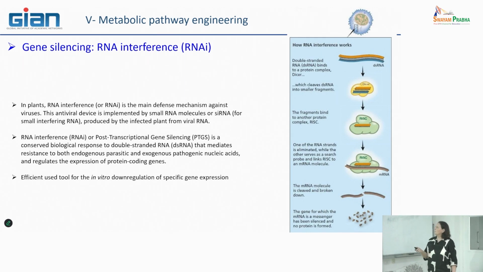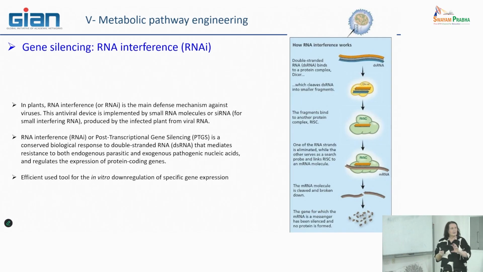So when this double-stranded RNA is detected, there is a particular protein complex. I think there are at least 3 or 4 proteins that make this particular complex, named DICER.